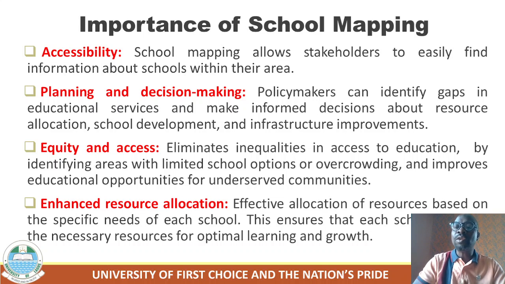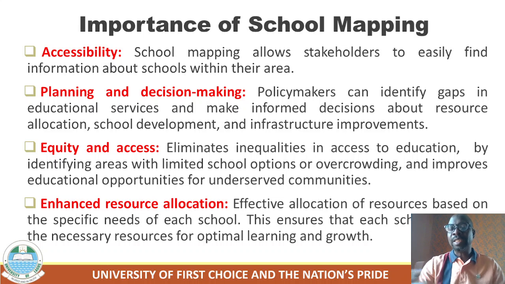And this is to ensure that each school receives the necessary resources for optimal learning and growth. Some schools might need more computers. Some schools might need more textbooks than others.